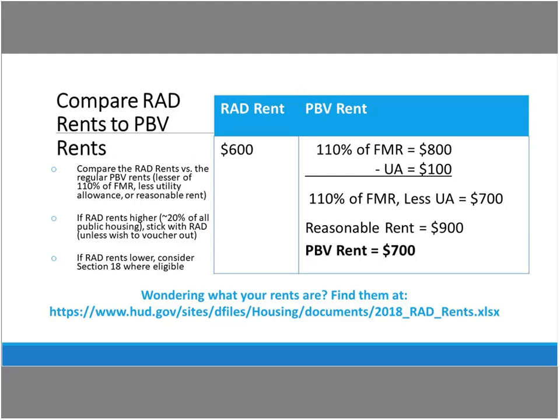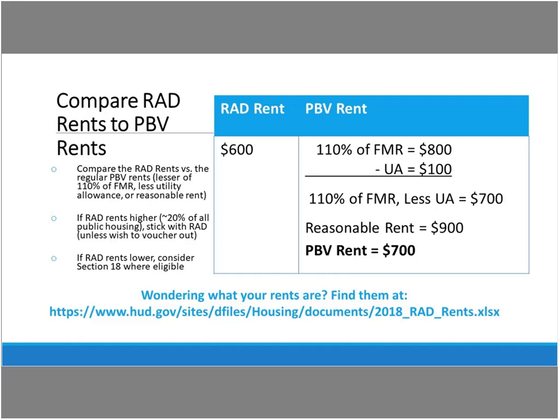So that $600 is the RAD rent. If you're doing this comparison, you compare the $600 to what would be the rent paid to the building under a PBV scenario. To determine that number, you can look at, here we're using 110% of FMR, so in this example, that's $800.